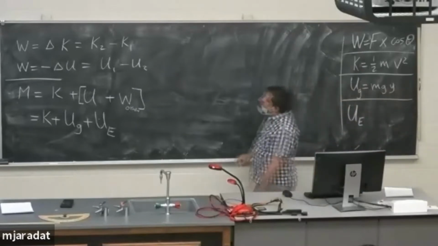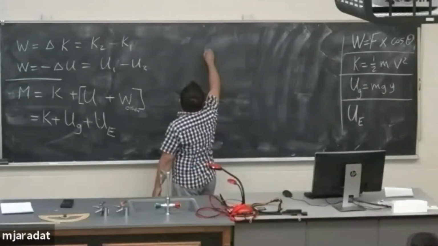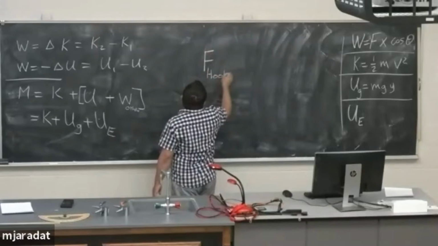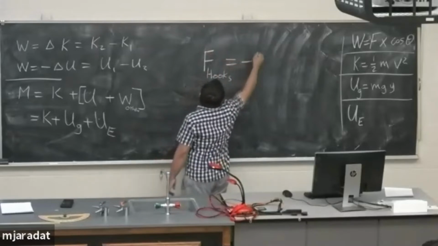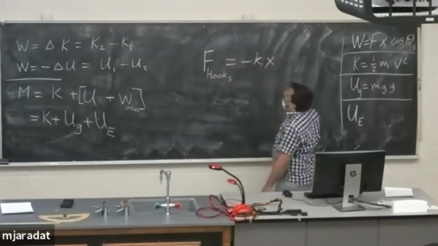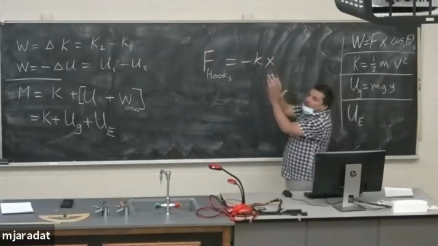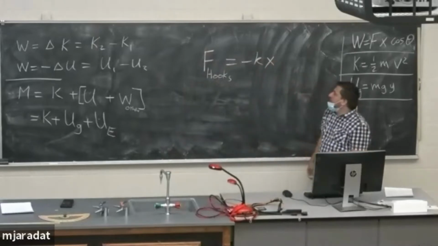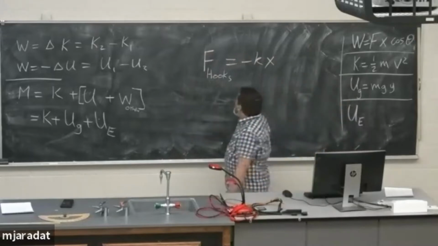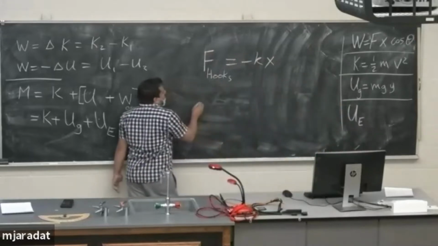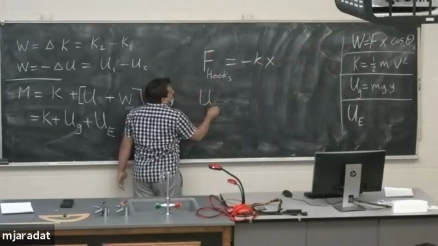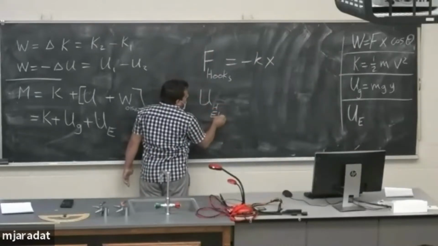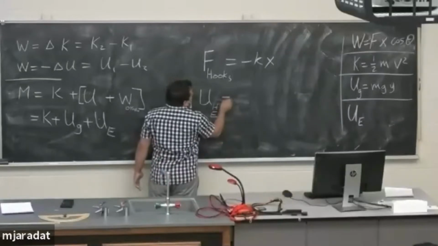Now we have the elastic potential energy. From before, we know Hooke's force, which is equal to minus K multiplied by x. x is the compression distance for the spring. I will not derive the elastic potential energy.